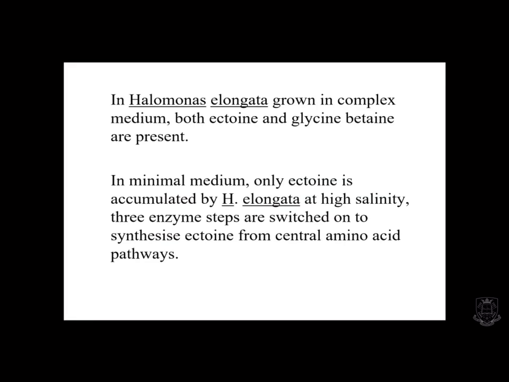And one of the reasons for this is that ectoine is actually produced from the central amino acid pathways. So it is an amino acid derivative. The way you get ectoine produced is to switch on 3 enzymes that will take from the central pathways leading towards aspartic acid.